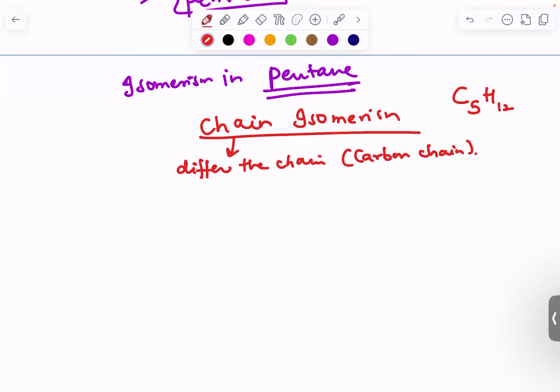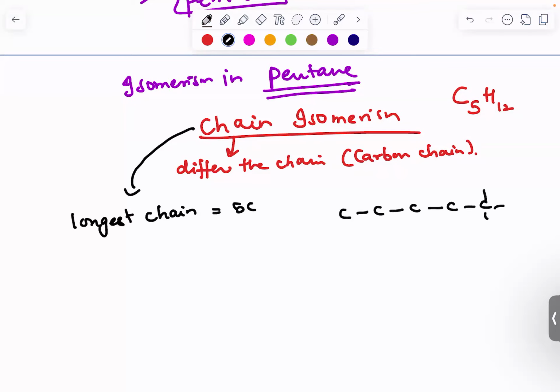Will 2-methylbutane work? Yeah. Well done. First of all, you will start with the longest chain, Betty. The longest chain would be of 5 carbon atoms. So one, two, three, four, five. So this is the normal pentane. Let me write this.